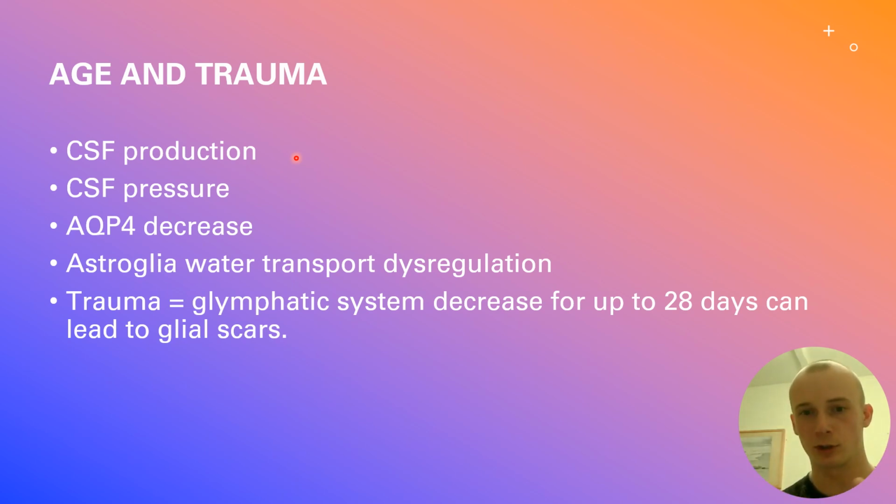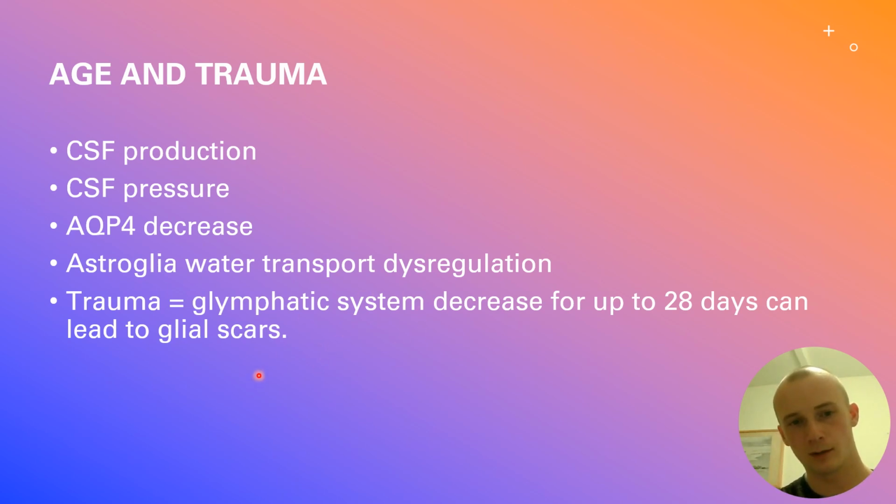So this can contribute to less clearance and more buildup of these waste products that we don't want, leading to a dysregulation of the system, which can lead to many of the almost side effects, if you will, and unhappy symptoms that we see in more elderly people, such as dementias, can be as a result of a decrease in function of this system.